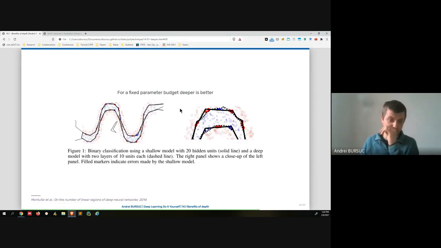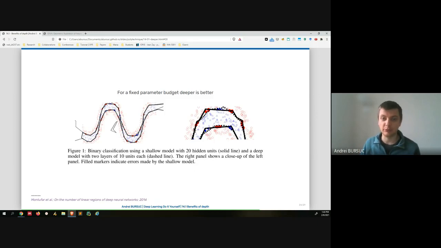And this is a very nice example from Montufar et al. They made this nice experiment on this data, which is like a sine, and inside we have the blue points, and at the exterior we have these red points. So it's a classification problem. They use a small neural network.